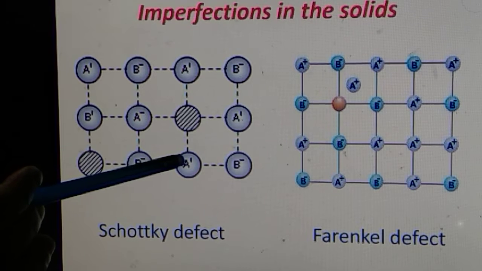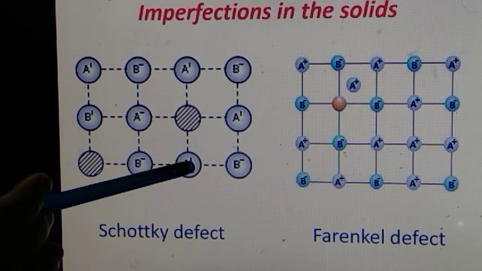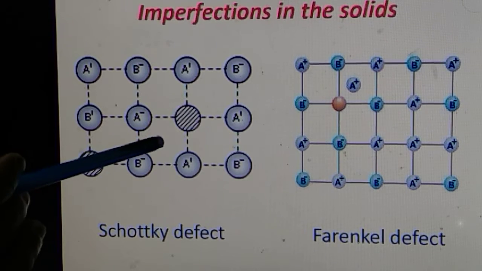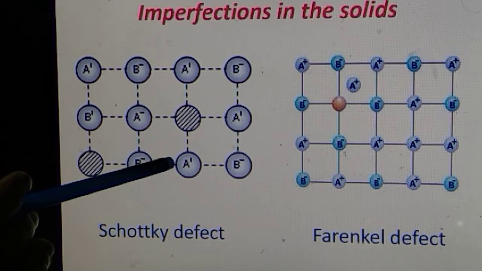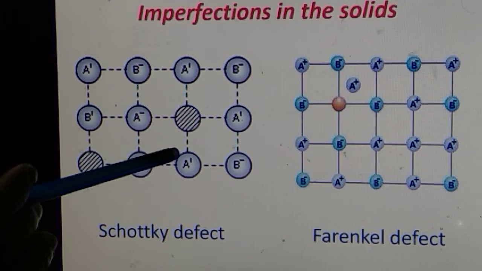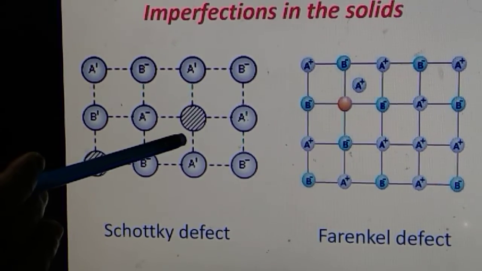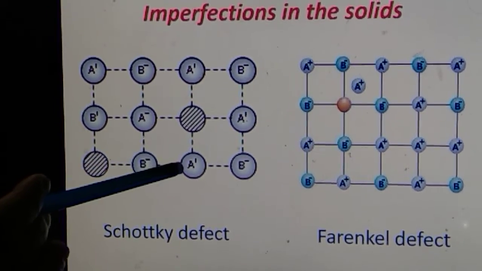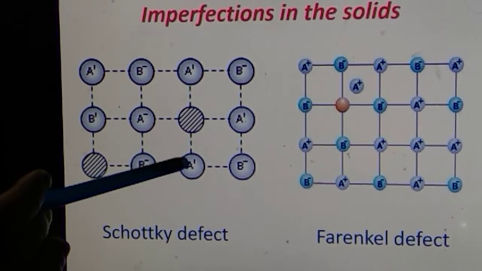The ratio of the cations and anions remains the same as represented by the molecular formula. This stoichiometric defect is also known as the intrinsic or thermodynamic defect. Basically, these are of two types: one is the vacancy defect, another is the interstitial defect.